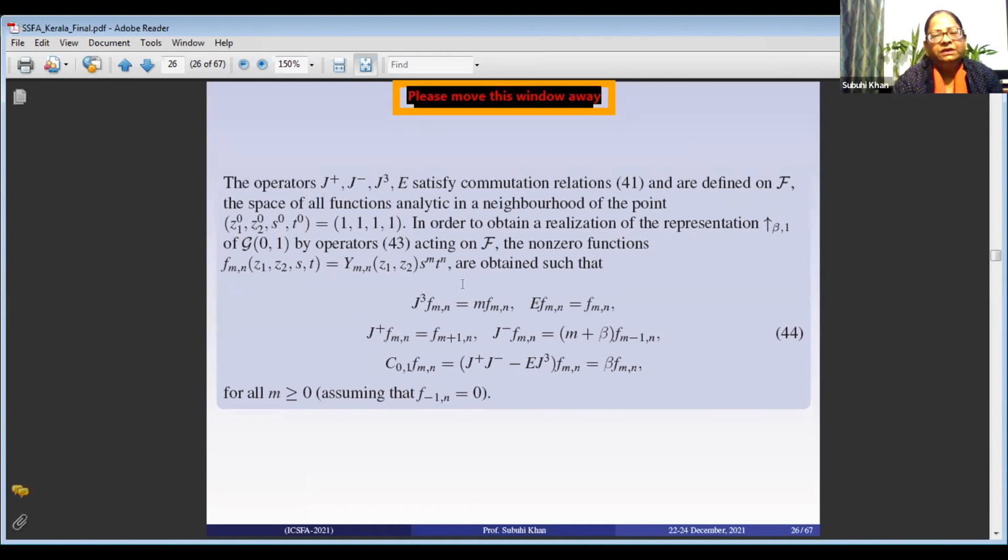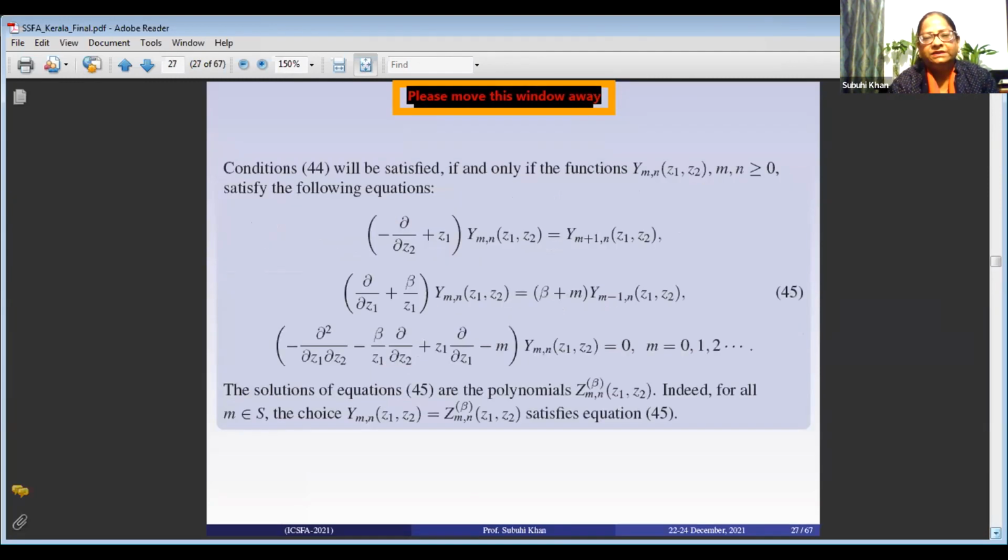So next, to find the realization of this representation, because we have chosen omega equal to beta and mu equal to 1, we will see that these are the relations satisfied by these, stressing that they are related with the harmonic oscillator Lie algebra, and not only with the harmonic oscillator Lie algebra, but with a specific type of representation of it.